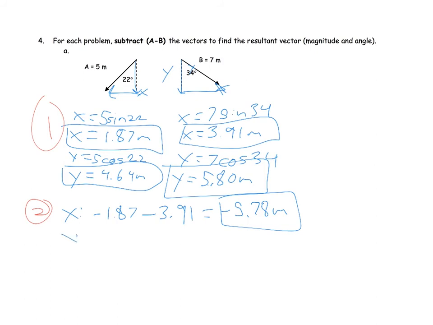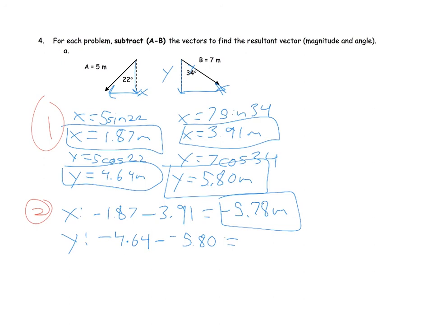Okay, and in the y direction, we have negative 4.64 because it's going down, minus negative 5.80. We're subtracting that 5.80, and that 5.80 is going down, so we really end up adding the two.